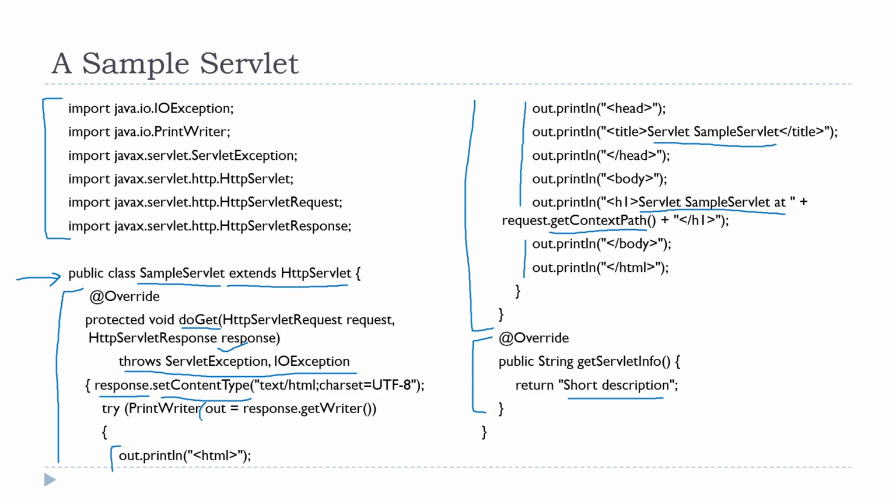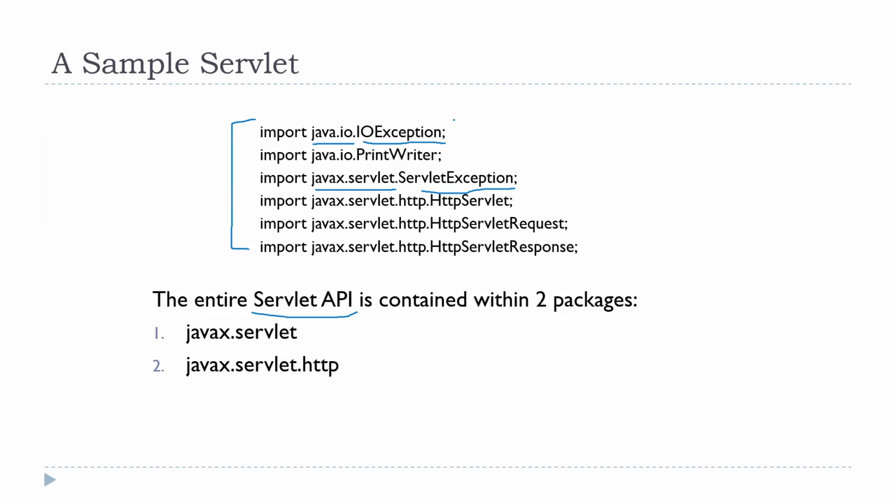This out is the print writer object that we get when we call the getWriter method of the response. Because we are writing the output, this HTML file is being written to the print writer object. That is why there might be an IO exception while writing to this object. So we are using IO exception, print writer, and servlet exception.